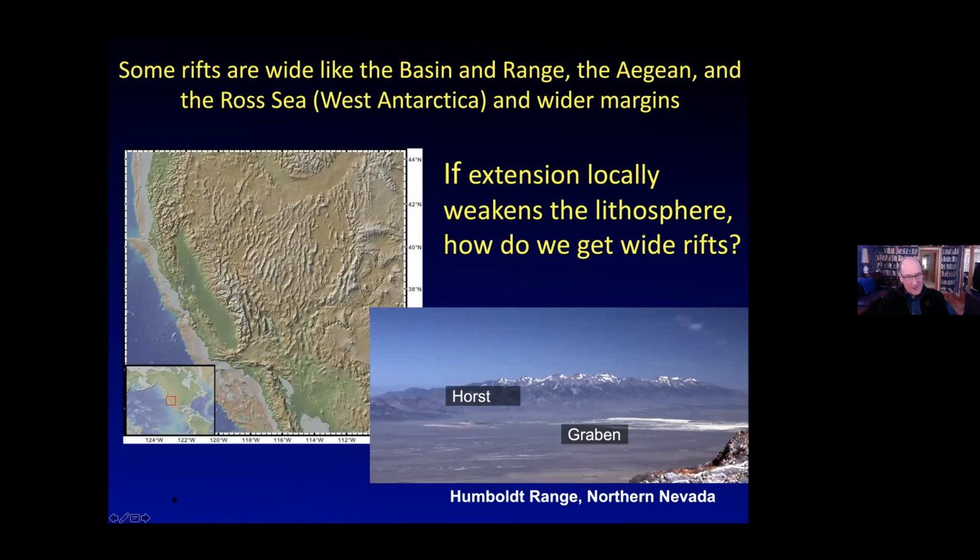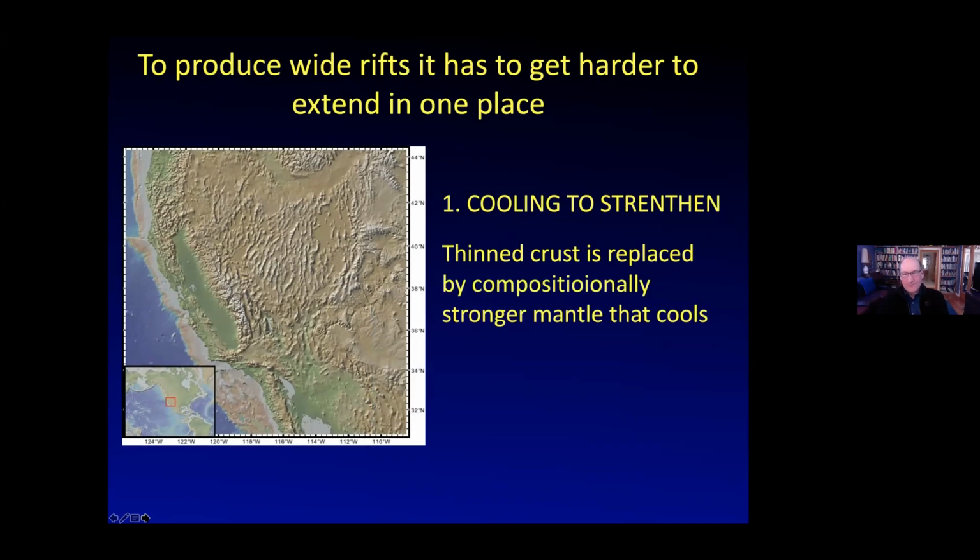And the first thing I'm going to talk about is the idea about strength and temperature. So this idea, that goes back to Phil England, 1983, I believe, calls it cooling to strengthen.